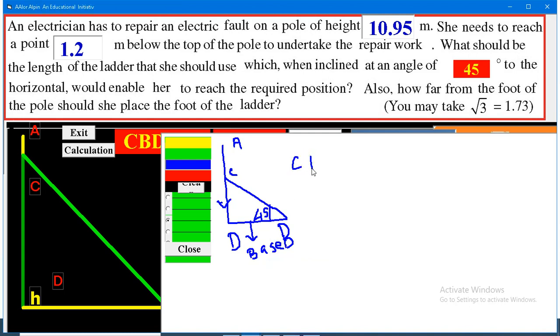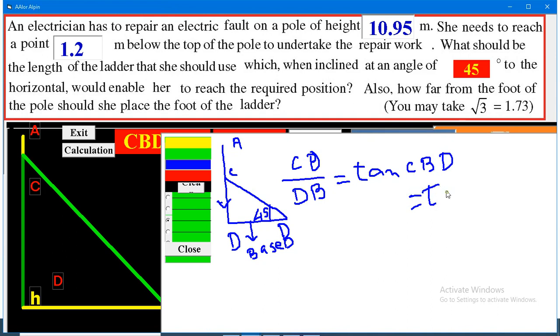So CD by DB, it is tan CBD, and tan CBD is tan 45, correct? And what is the tan 45?